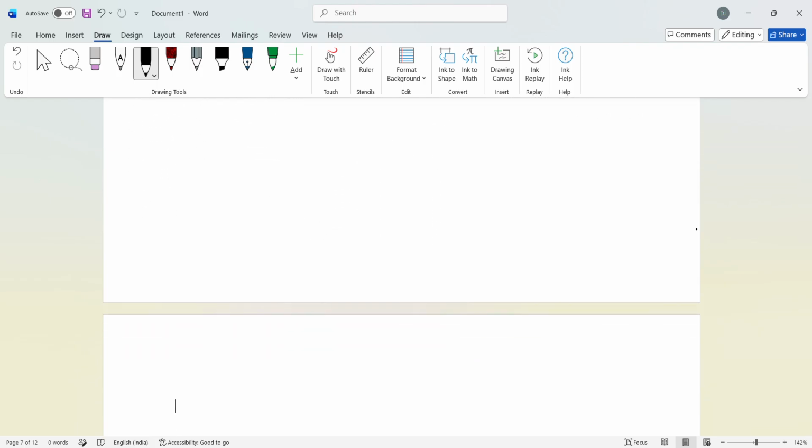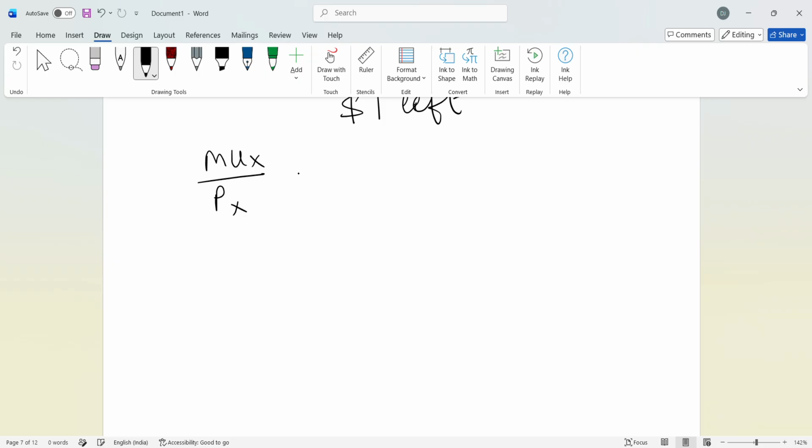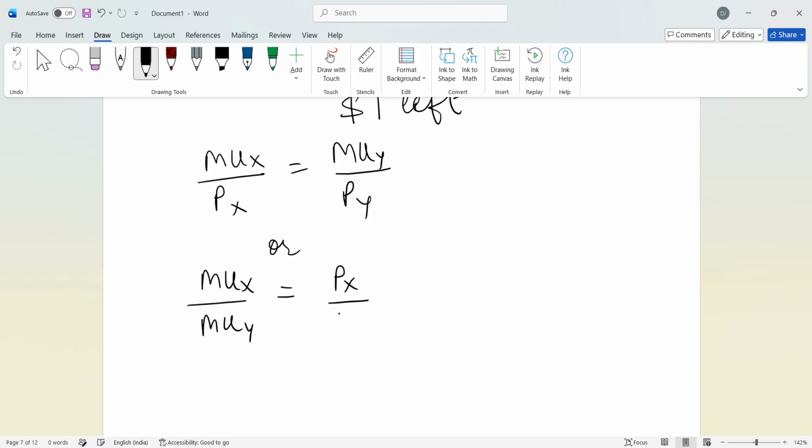If I confine this to two goods to make it simple, my utility would be maximized when I meet this condition: MUx divided by Px should be equal to MUy divided by Py, where MUx is the marginal utility derived from good X, Px is the price of good X, MUy is the marginal utility derived from consuming good Y, and Py is the price of good Y. Or I could rewrite this as MUx divided by MUy equals the price ratio, Px by Py.